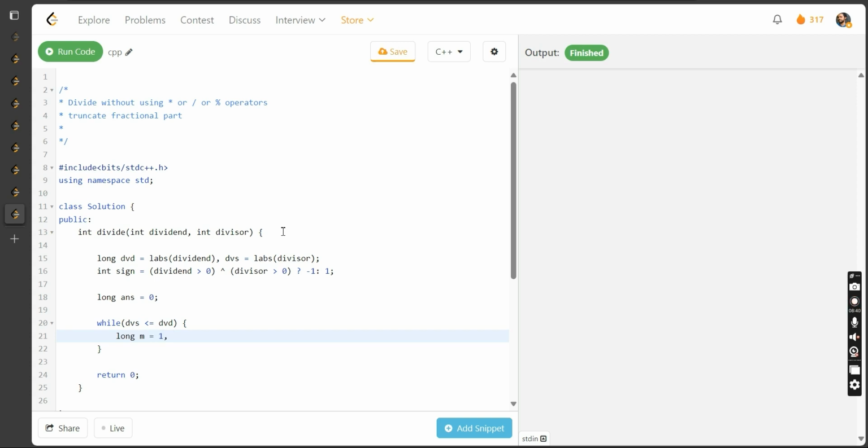Initially it's set to 2 power 0, that means 1, because divisor is less than or equal to dividend. Then you have a temporary variable for taking the multipliers of your divisor, while temporary variable multiplied by 2, that means left shift, is less than or equal to dividend.